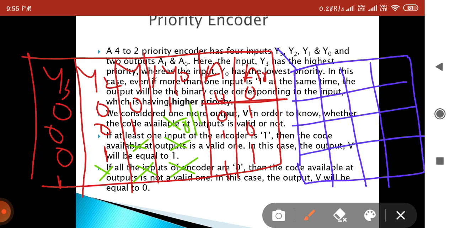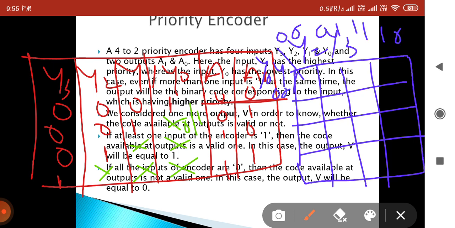Yes, I am going to take it here. Y0 and Y1 is one row or column, Y0 and Y1. Y2 and Y3, 1. 0 0, 0 1, 1 1, 1 0.